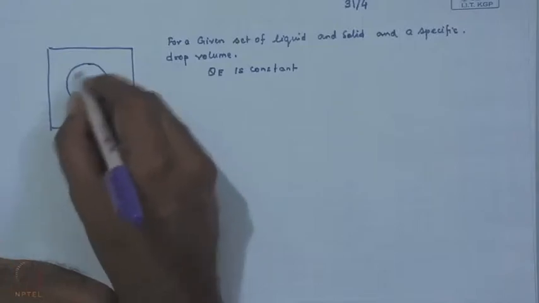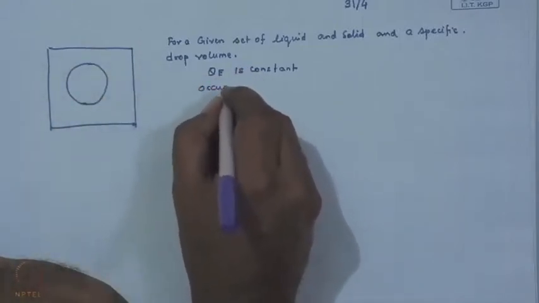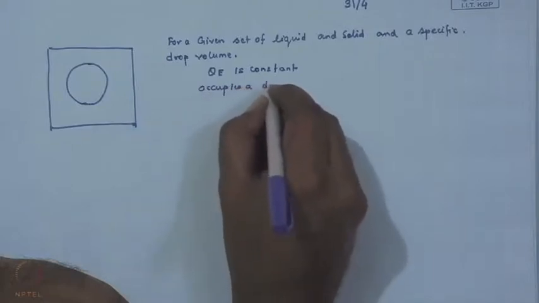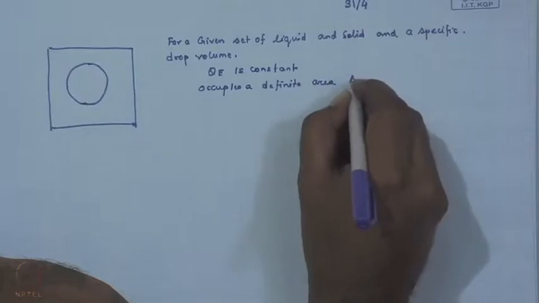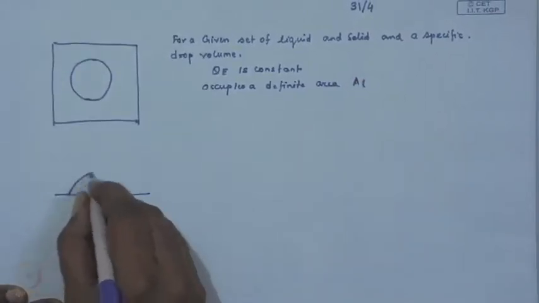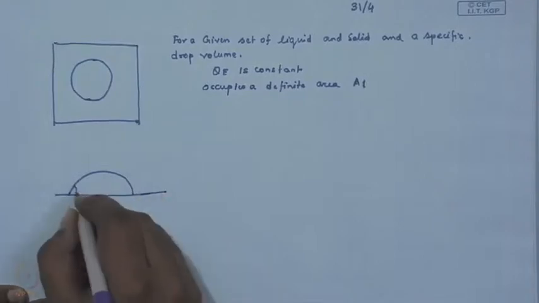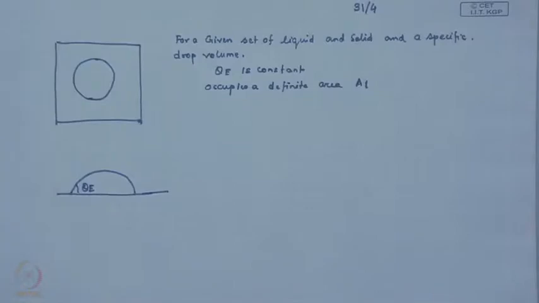Therefore, the drop, if you look from the top, occupies a definite area, let us say A1. So this is the same picture. Here we are looking at the elevation and this is the plan.